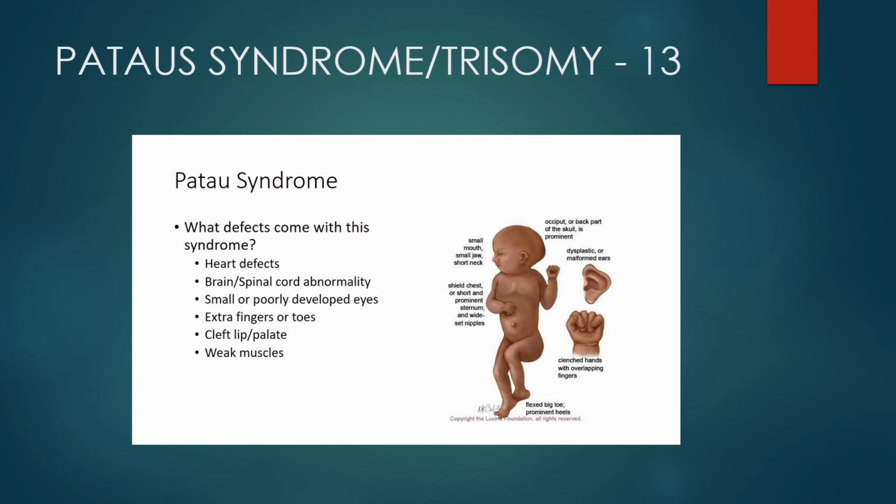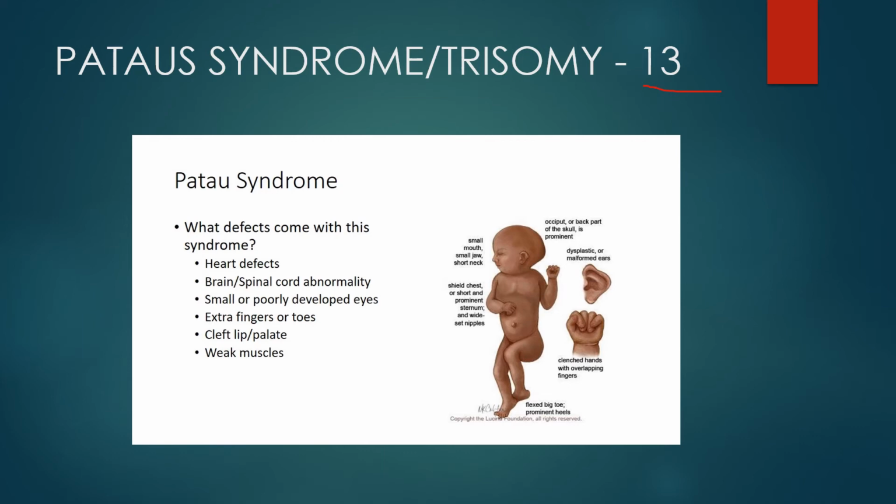Now let's learn the next autosomal aneuploidy, Patau syndrome. It is the trisomic condition of chromosome number 13. As a result, Patau syndrome happens. Meiotic non-disjunction is thought to be the cause of this syndrome.